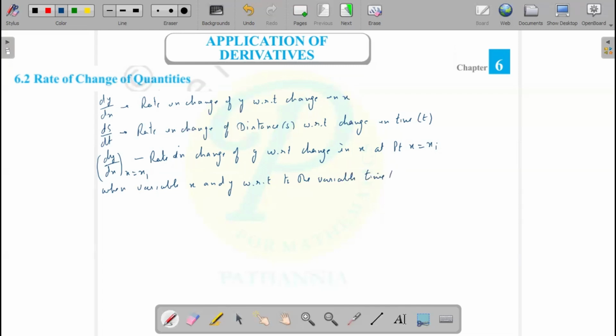Let's suppose we say time t, then dy upon dx is equal to dy upon dt divided by dx upon dt. Make sure that the denominator is not equal to 0, because anything upon 0 is not defined. And you can write x with respect to the variable t, y with respect to the variable t.